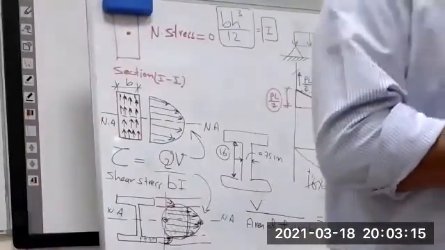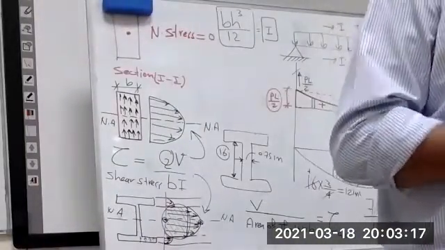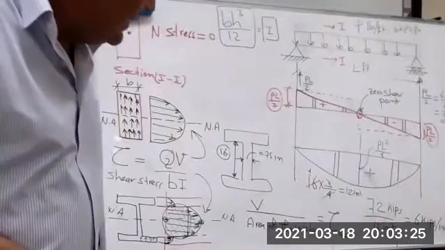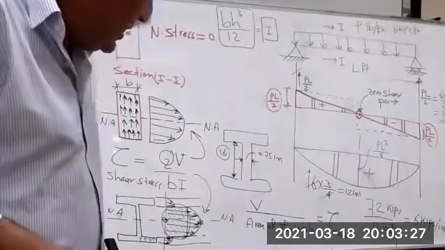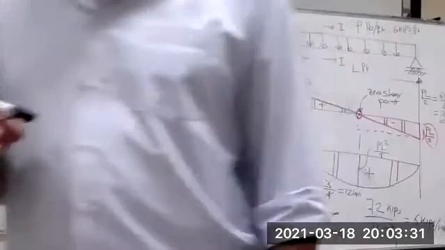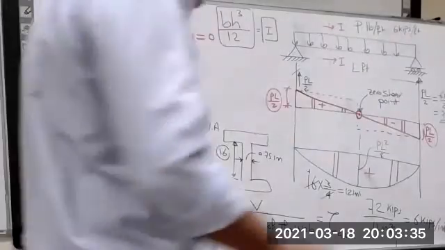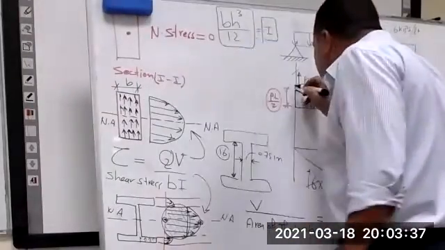We cannot study civil engineering in 2 months or 3 months. You cannot. So V is the maximum shear, right? V is the maximum shear force, the maximum internal shear force. Where is it? Always in the support.